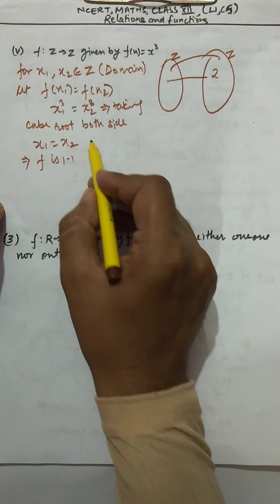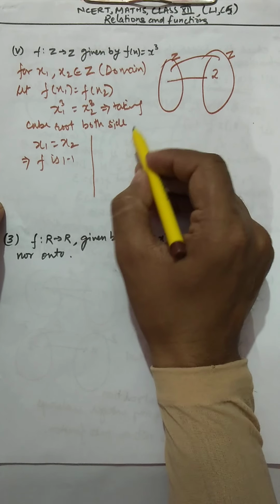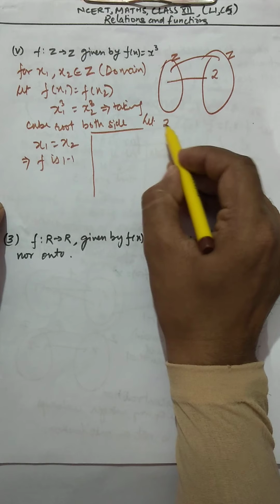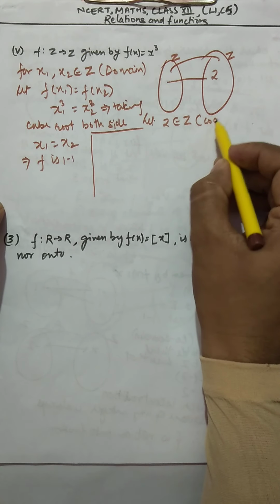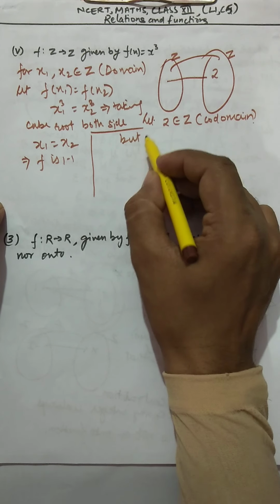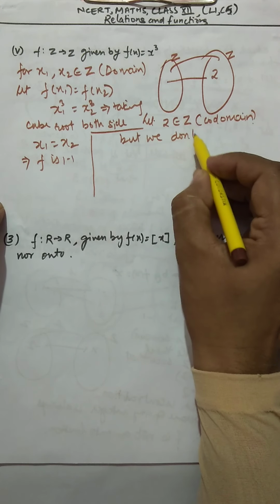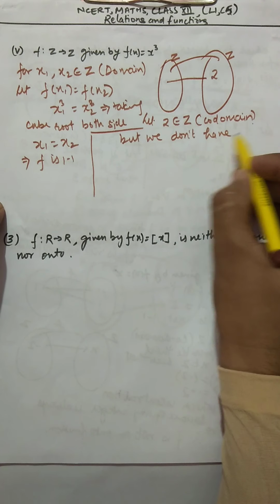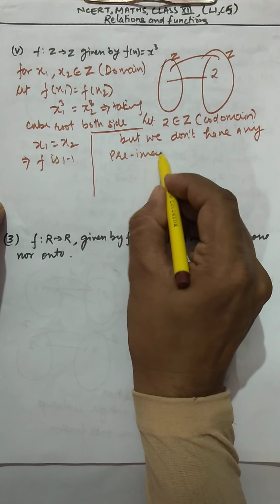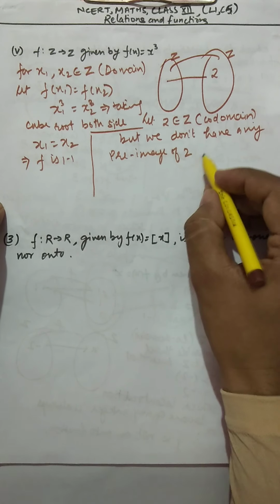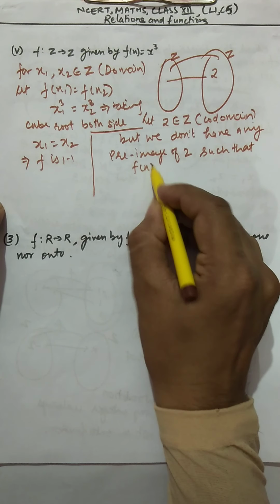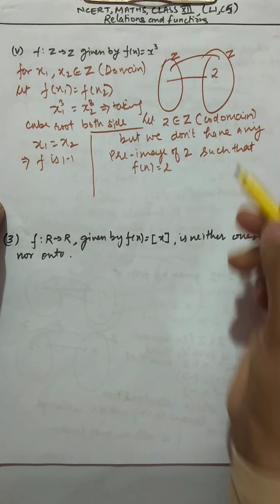So we start like this. Let 2 belong to Z, which is the codomain here, but we don't have any preimage of 2 such that f(x) will be equal to 2.